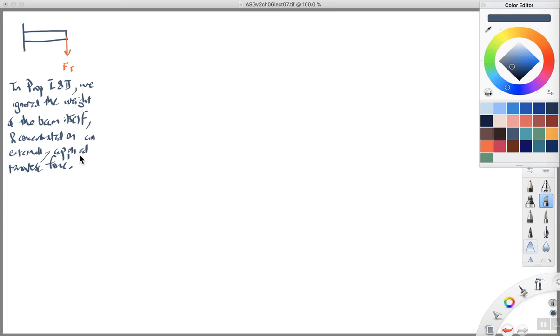Realistically, the beam itself has weight, so even if you don't apply a transverse force, this beam will attempt to break under its own weight. That is what we're going to deal with in Propositions 3 and 4.